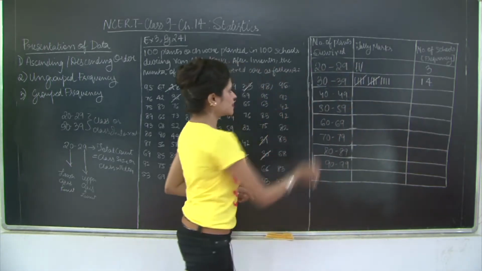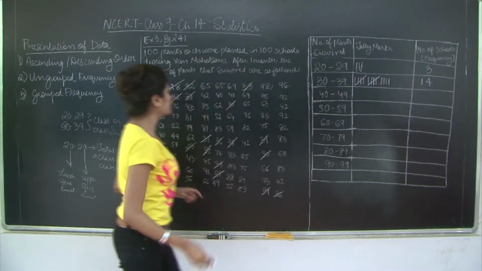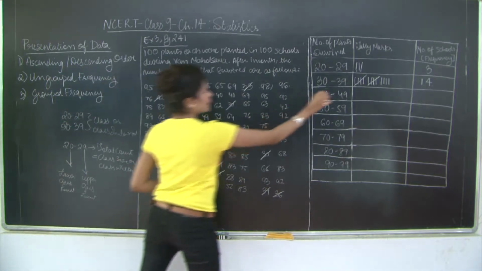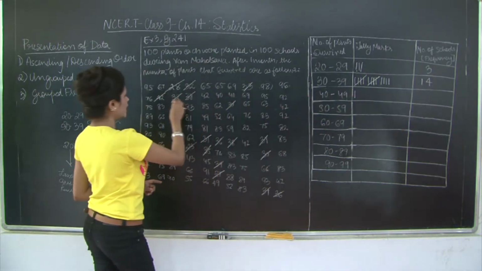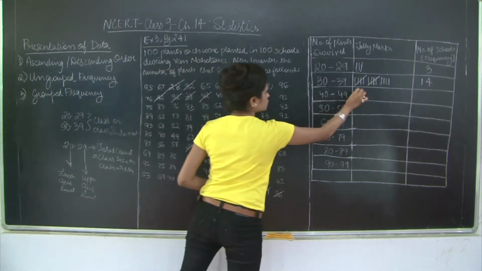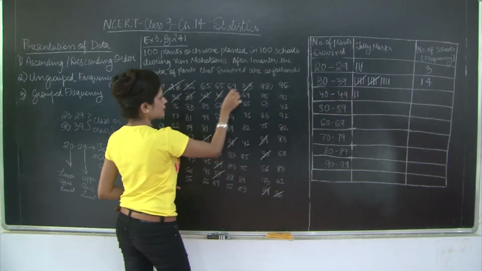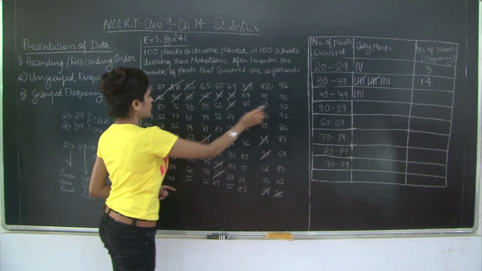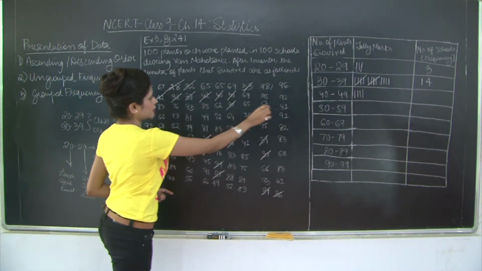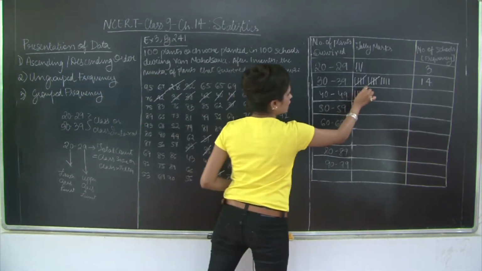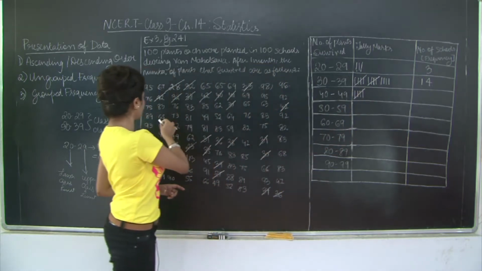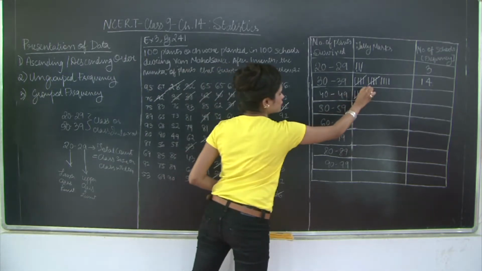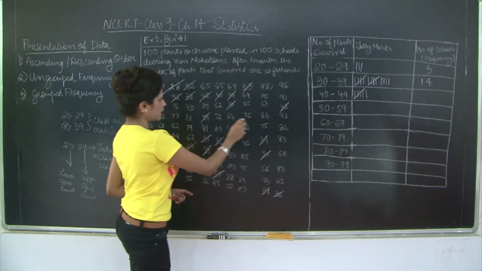Now let's proceed to the other group, 40 to 49. So you have 1. Then you have another entry, 2. Then you have 40 and 40, so 2. Okay. Then another one, so 5. Here you have 49, so another one. Okay.